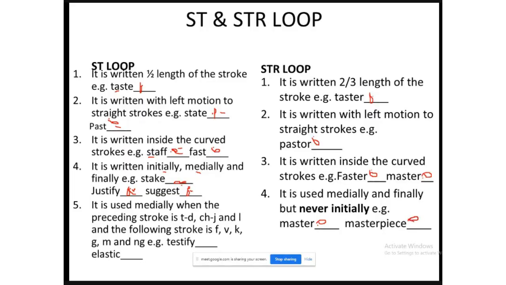Master, then piece. Medially when the preceding stroke is S, D, J, and L, and the following stroke is F, V, K, G and M. You have to remember these strokes. In this case, it is used medially.